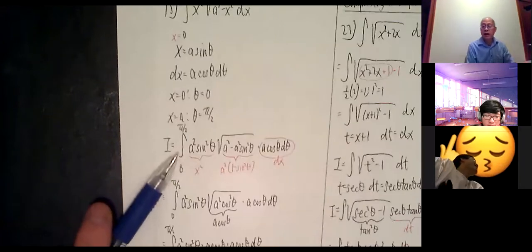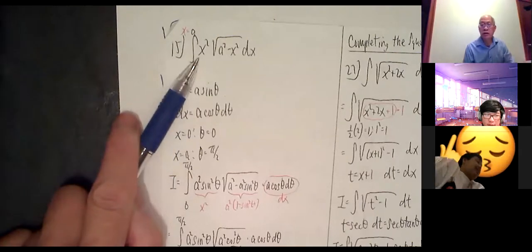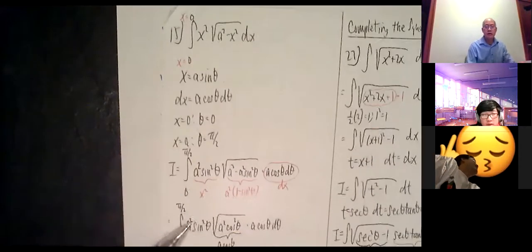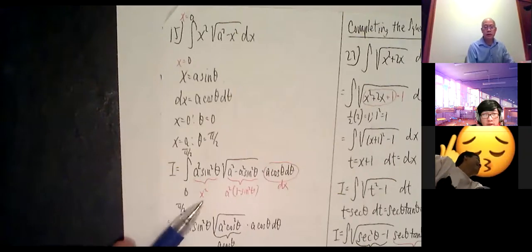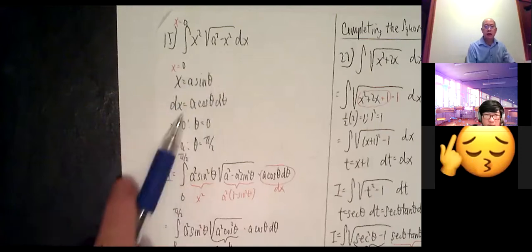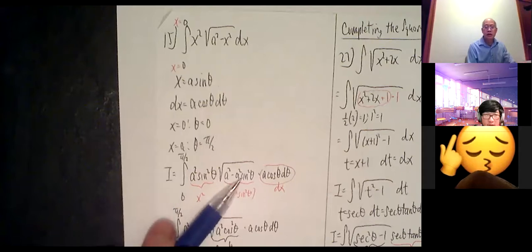Okay, so I have x squared. So what's x squared? A squared sine squared theta. There it is. There's x squared. A squared minus x squared. A squared minus this thing squared. So what is this thing squared? A squared sine squared theta.